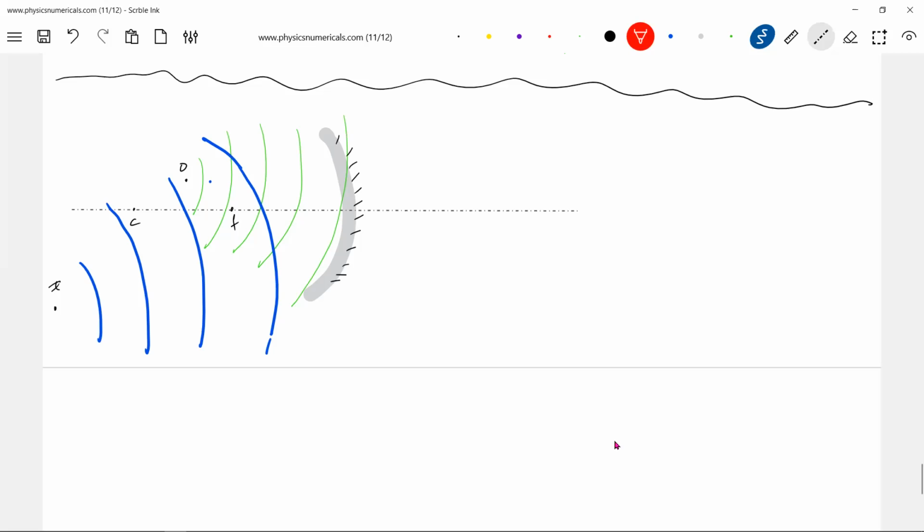Okay, the red color arrow will give the direction of propagation. So what is this green color one? Incident wavefront.